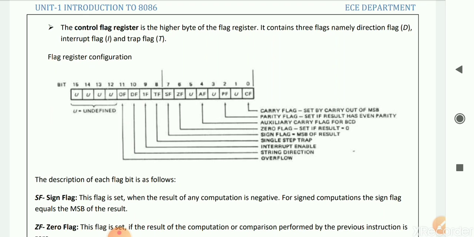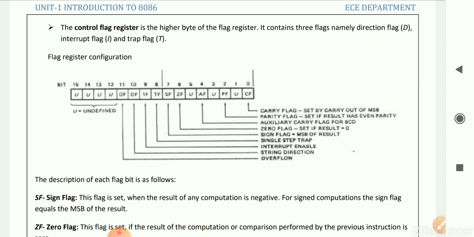D0 to D7 hold all the flags already available in the 8085 microprocessor, that is the sign flag, zero flag, auxiliary carry flag, parity flag and carry flag.